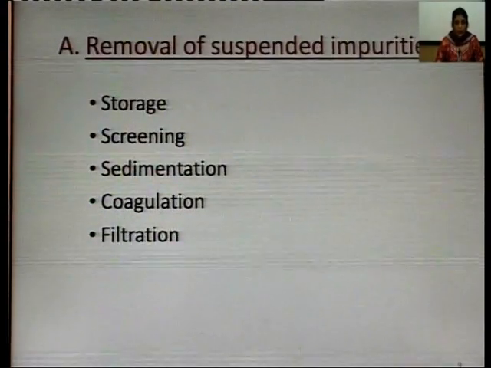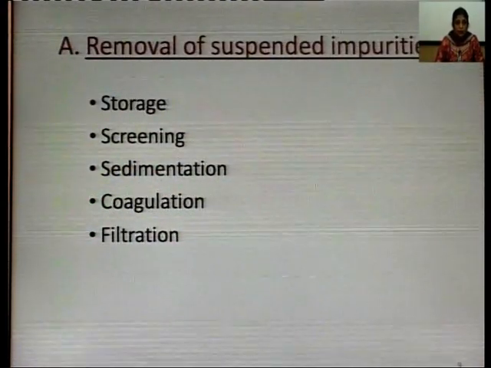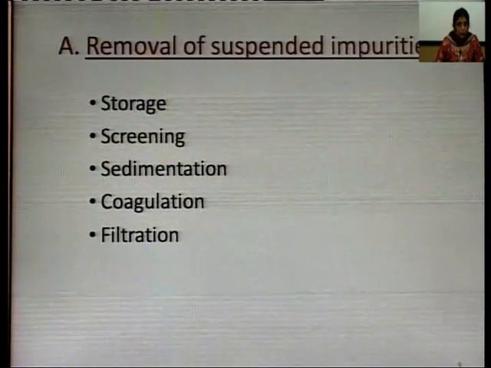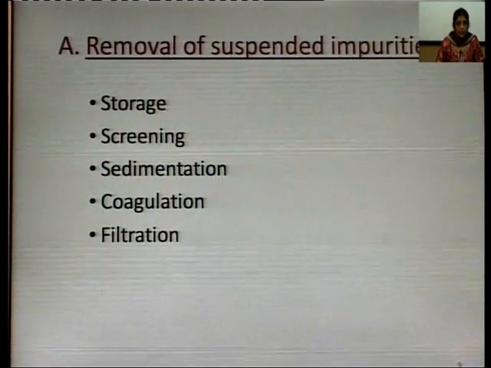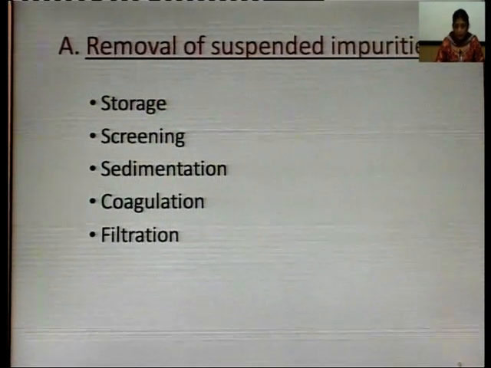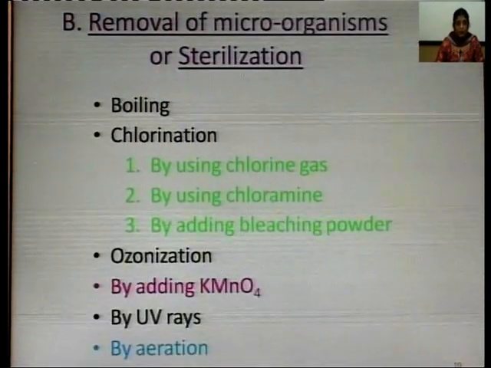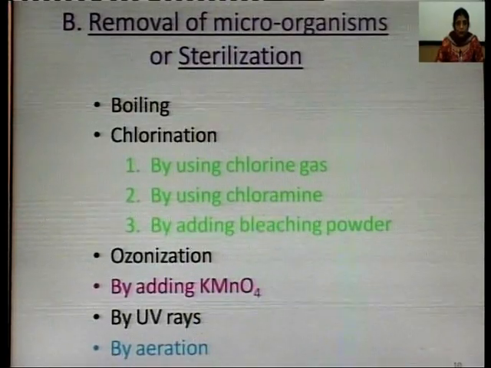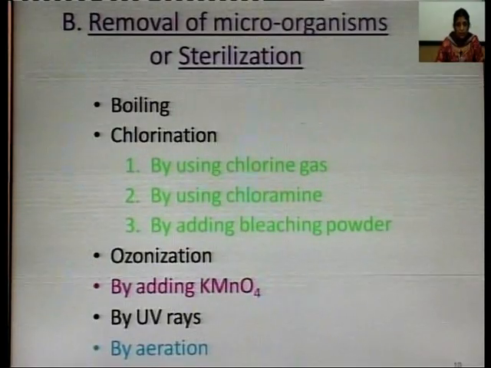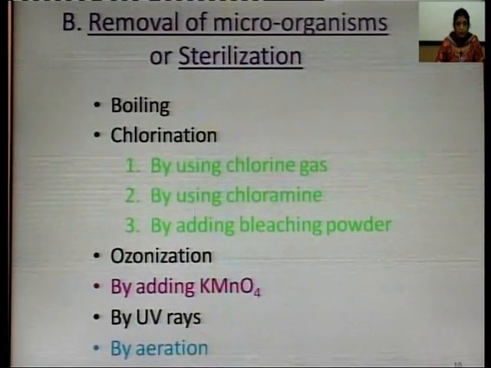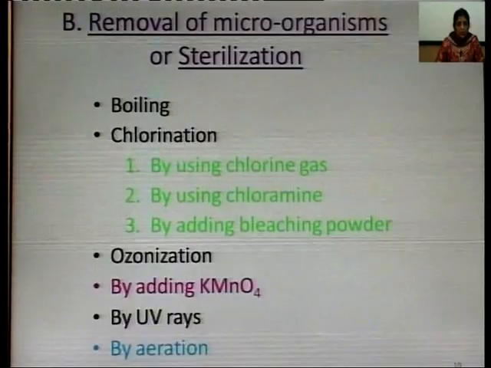Removal of suspended impurities can be done by the following 5 methods: storage, screening, sedimentation, coagulation, and filtration. Whereas the second part of purification involves removal of microorganisms. This step is also called sterilization.